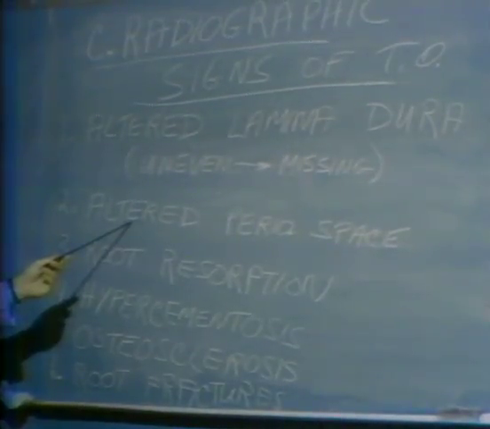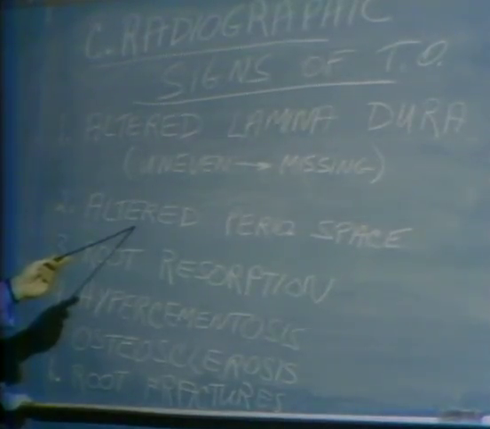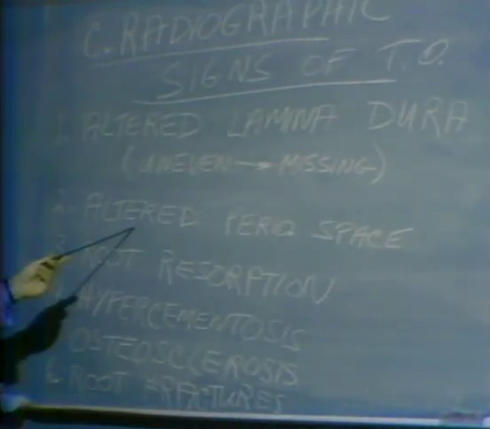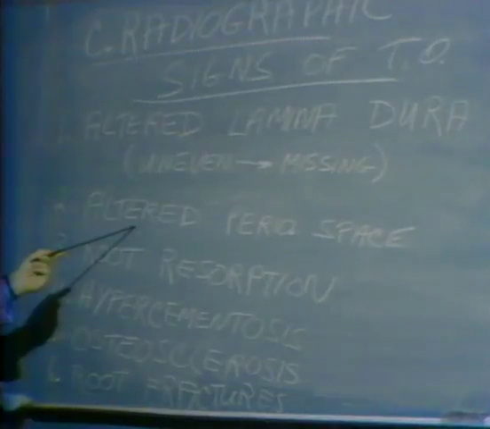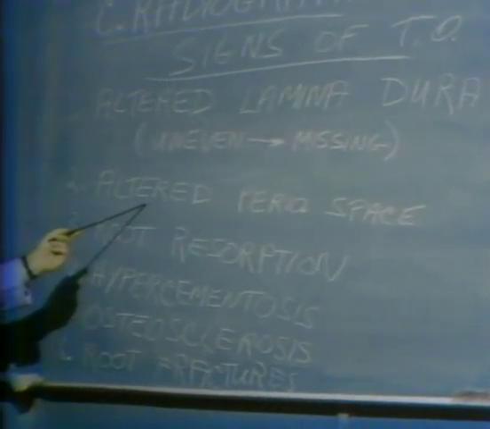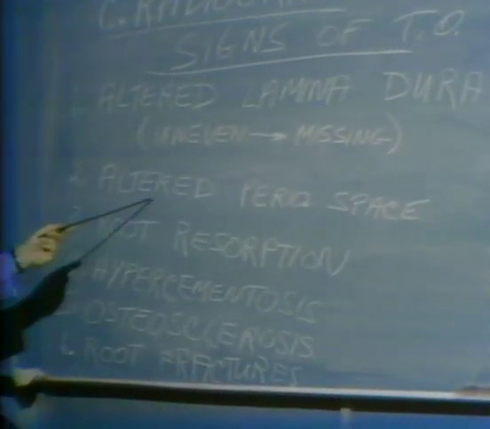A tooth which is in excessive function or in traumatic occlusion will, generally speaking, have a widened periodontal space, particularly in the occlusal aspect, occlusal to the fulcrum point on the tooth. And this has also been referred to as the funneling appearance of the widening of the periodontal space.